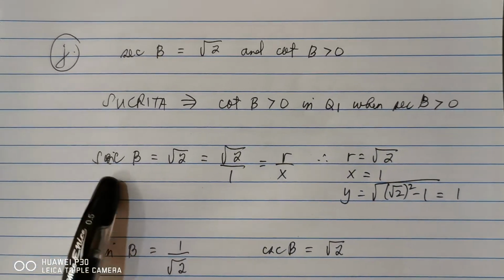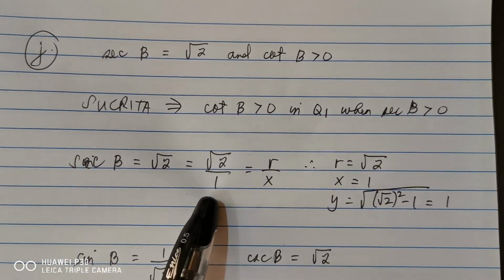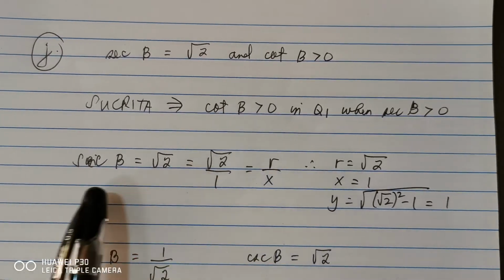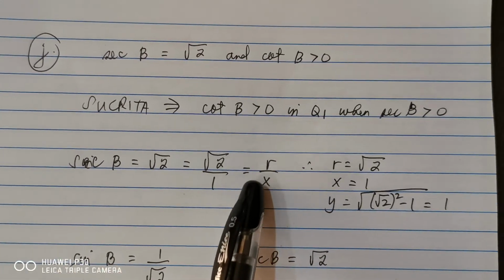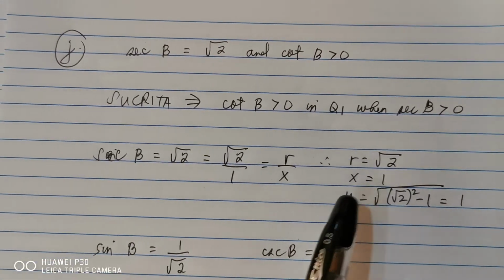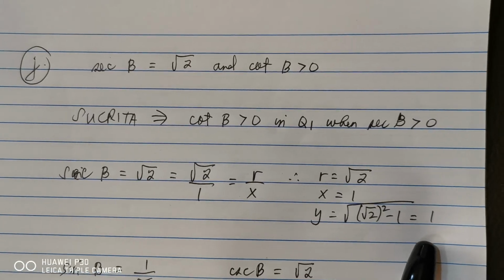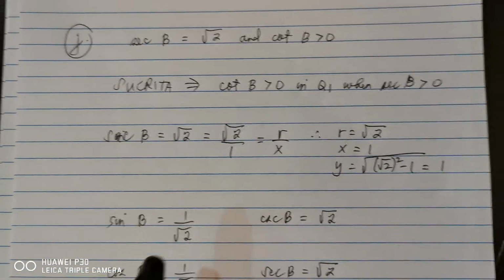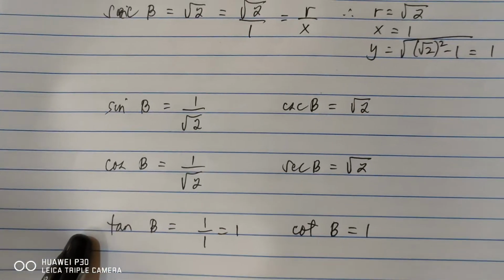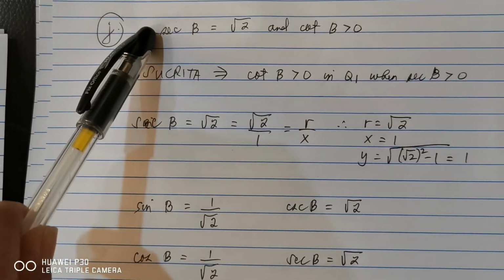So using this function, square root of 2 is understood to be square root of 2 over 1, and since secant B is defined as r over x, then r is square root of 2 and x is 1. So using our Pythagorean theorem, y is also equal to 1. So by substitution, we have these 6 trigonometric functions, including what we were given.